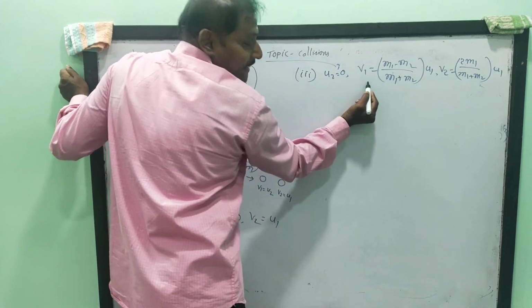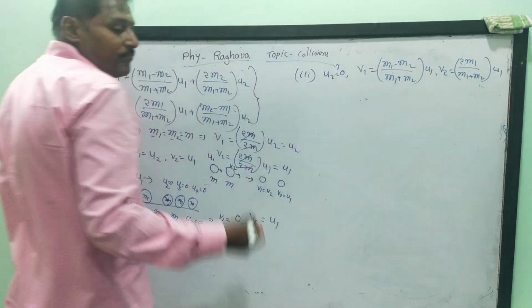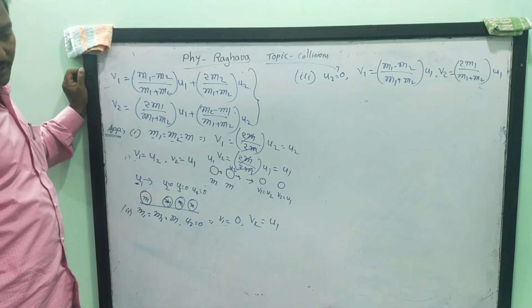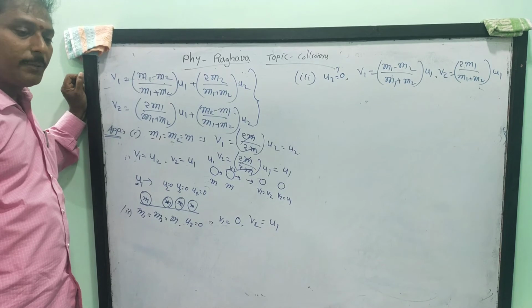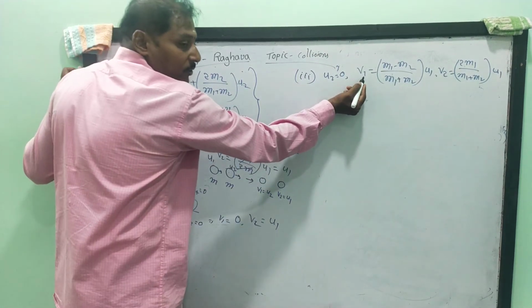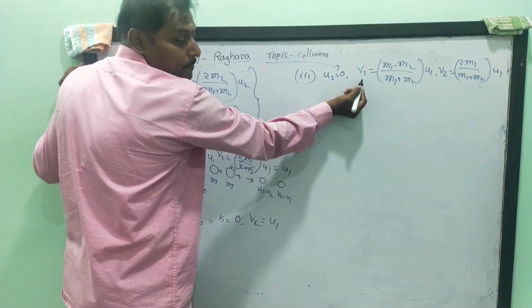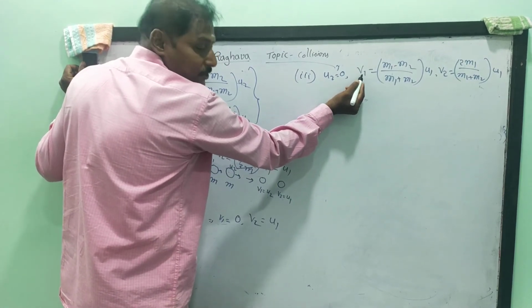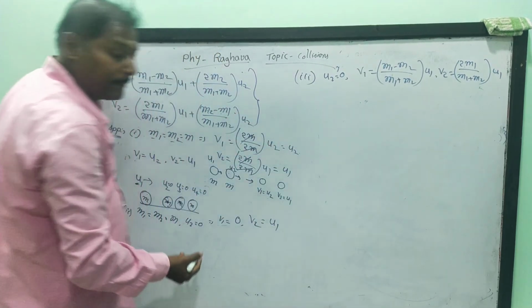Some part is retained and some part is transferred. So I want to find out the momentum retained by the first body and the momentum transferred by the first body to the second body. From this expression, I want to explain the momentum retained by the first body and transferred to the second body.